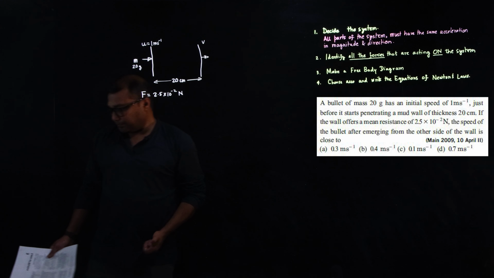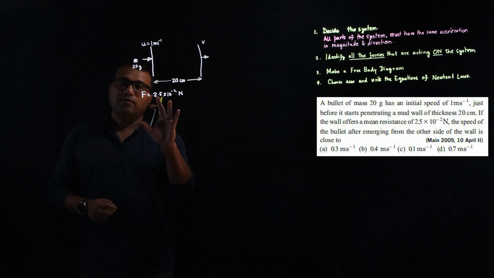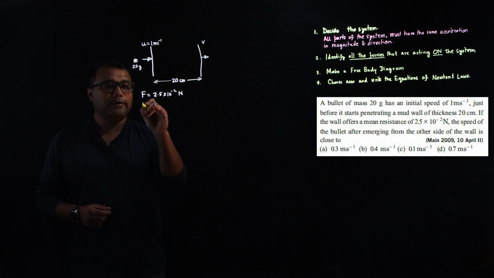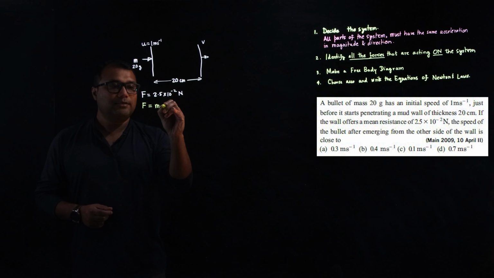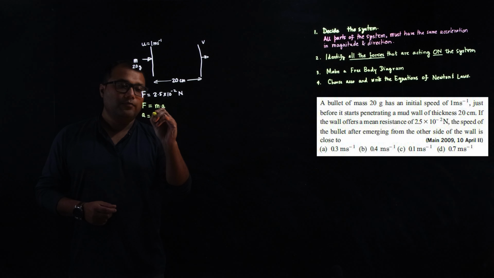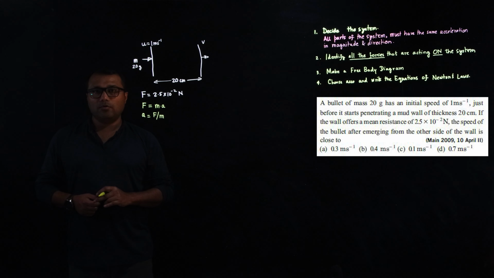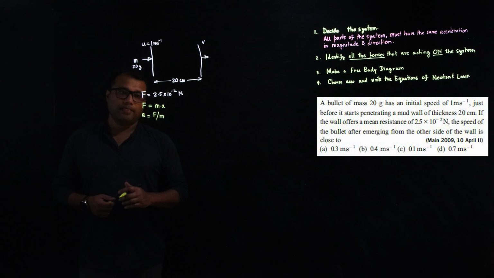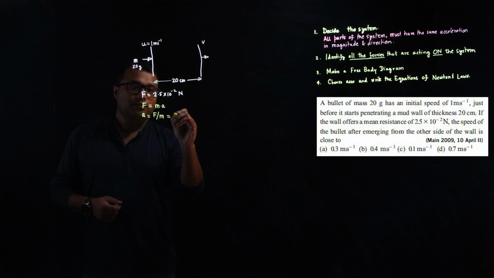We have to find out what would be the velocity of the bullet V when it emerges from the other side of the wall. If the resistive force is 2.5 into 10 to the power minus 2 Newton, we can write force equals mass times acceleration. So if I divide force by the mass of the bullet, then we will know what is the negative acceleration that is acting on the bullet, right? So the force is 2.5 into 10 to the power minus 2 Newton.